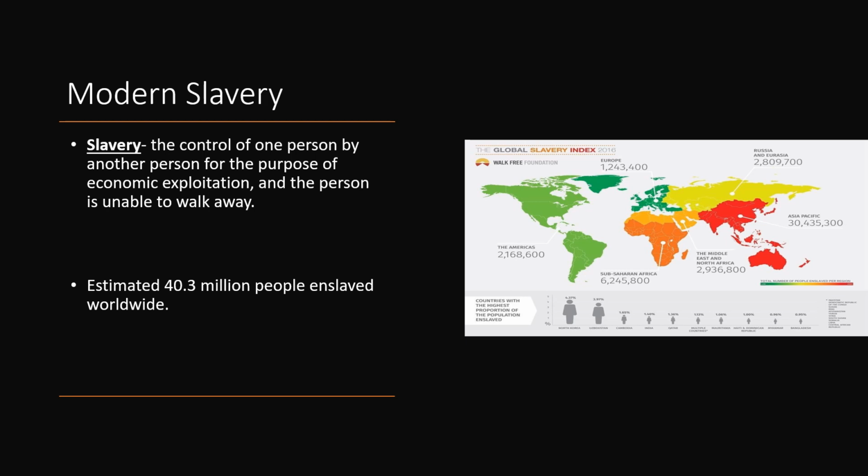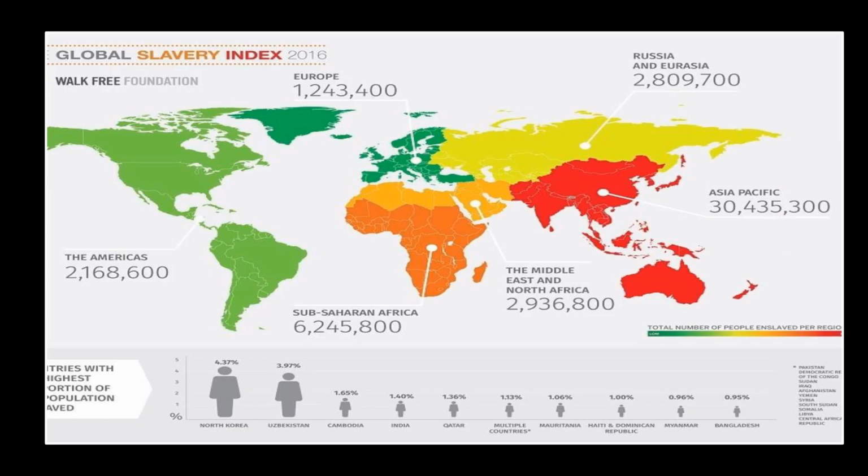58% of those enslaved live in India, China, Pakistan, Bangladesh, and Uzbekistan. And it's estimated that up to 57,700 slaves are currently working in the United States. Here is the visual that I want you to take a look at.